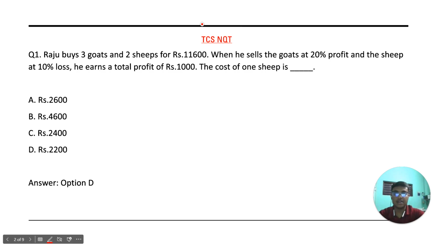Now, as we have here, cost of goats and cost of sheep is 11600. So we would be assuming that price of each goat is G and price of each sheep is S. So from the first statement we get 3G plus two sheep, that is 2S, is equal to 11600.